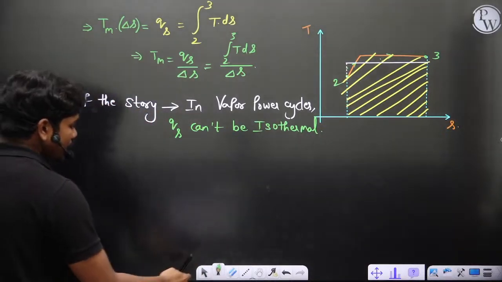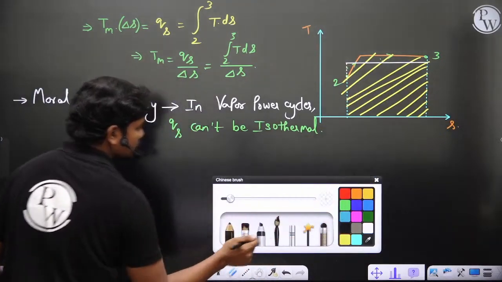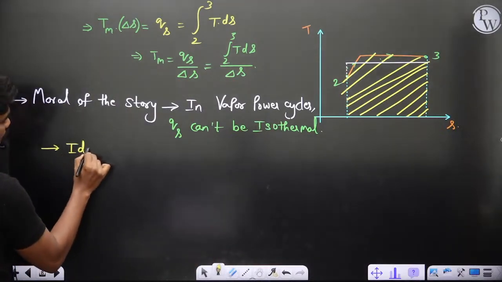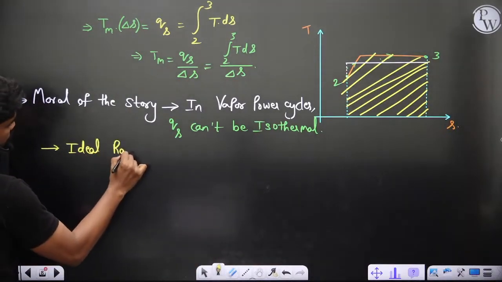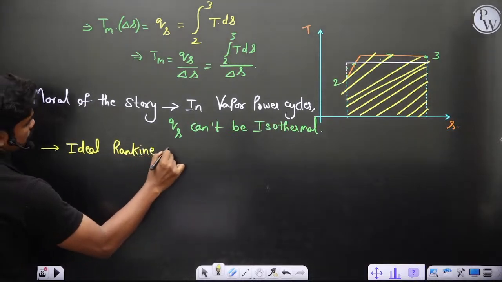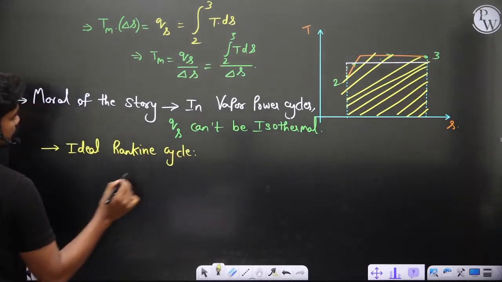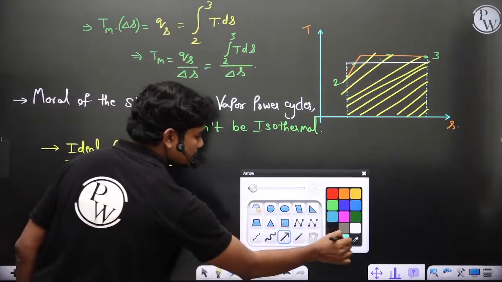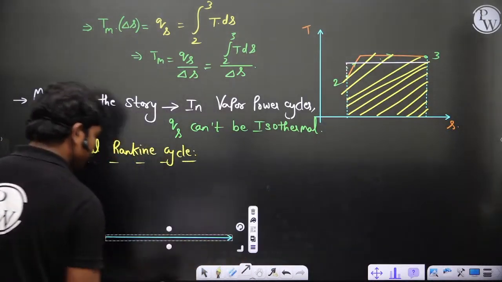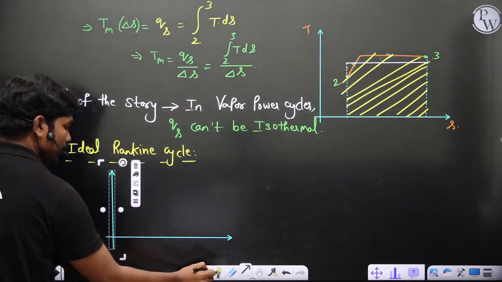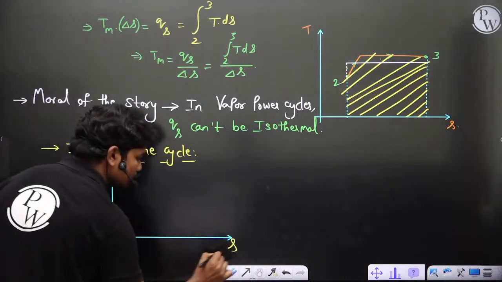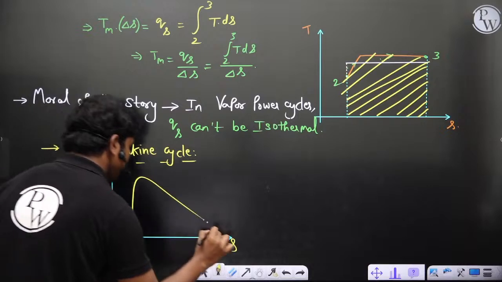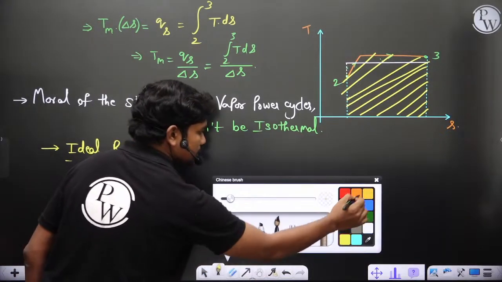Now, clearly the ideal Rankine cycle is like this. If you have a T-s diagram, temperature and specific entropy, then you get this dome. I'm just drawing a rough sketch.